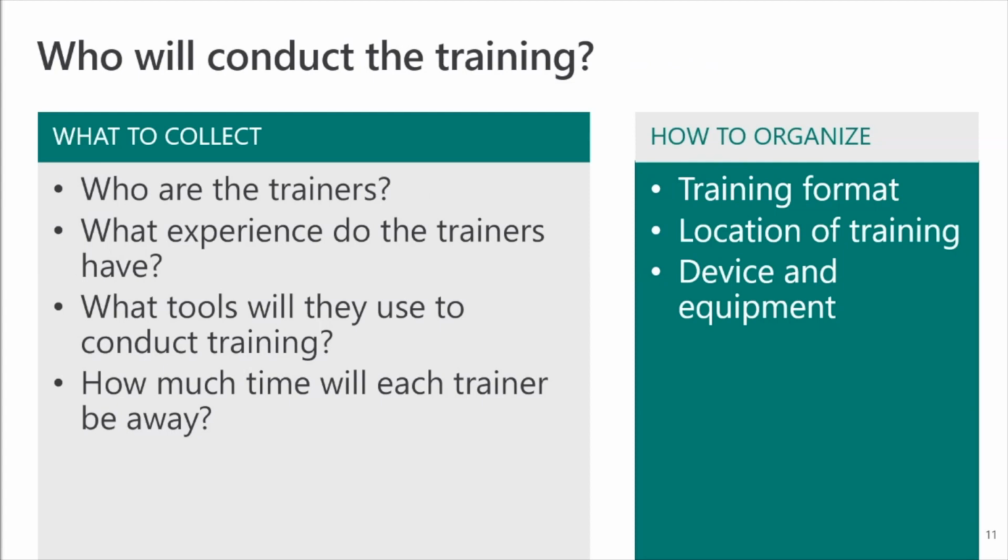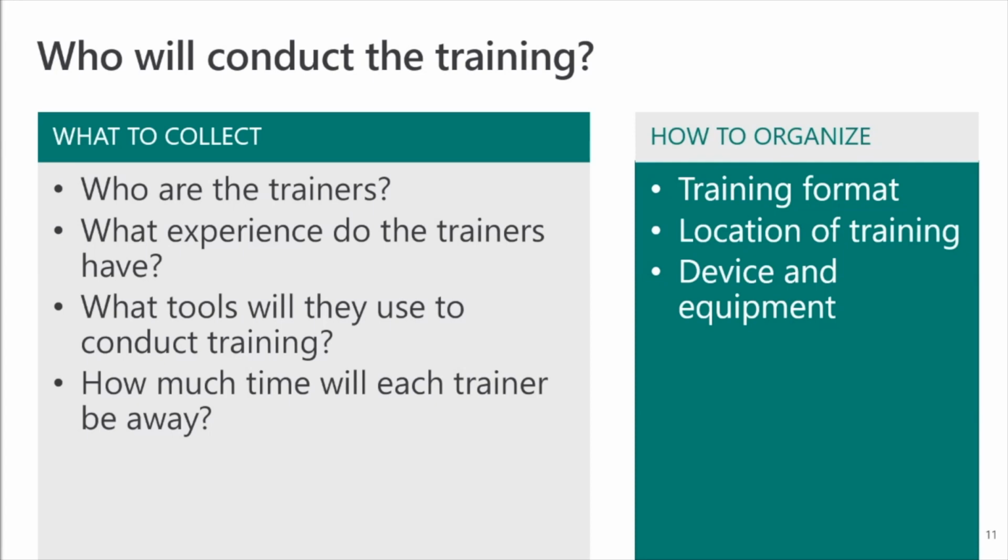So next, you're going to need to determine who is going to conduct this training. A lot of times organizations will take on a train the trainer approach. And I've seen this happen in a lot of cases where the trainers are the business process SMEs or the business process owners that are a part of the project. And that's not necessarily a terrible idea because they probably have the most experience with the software.